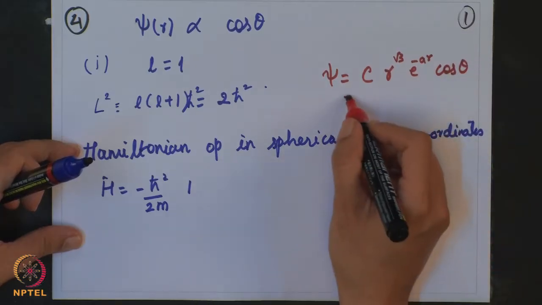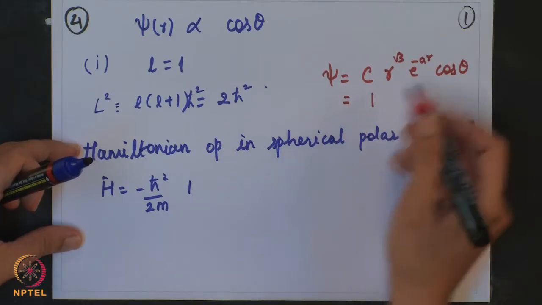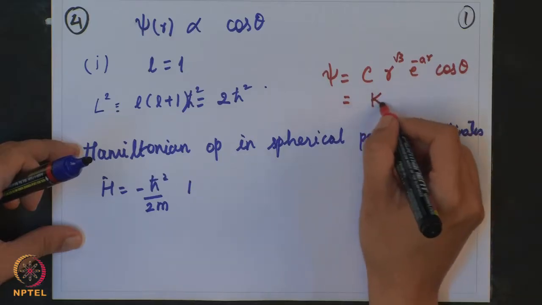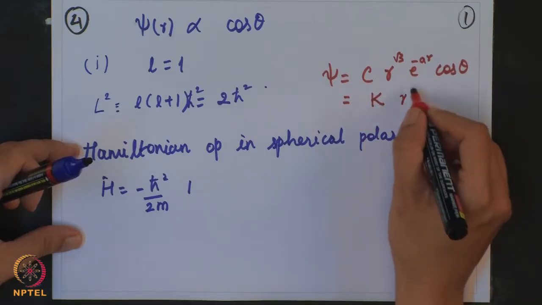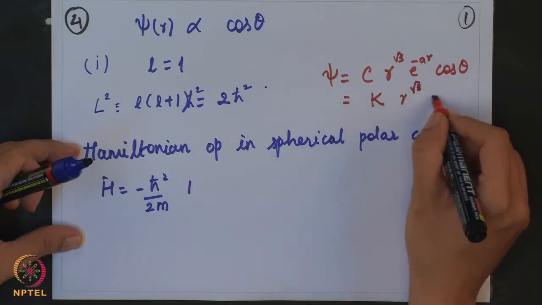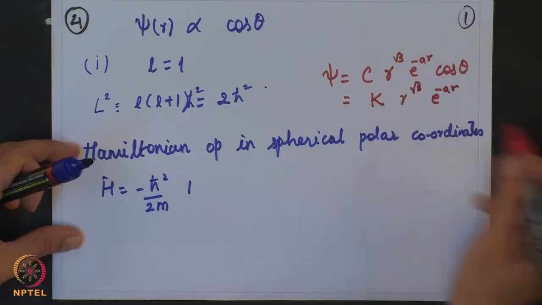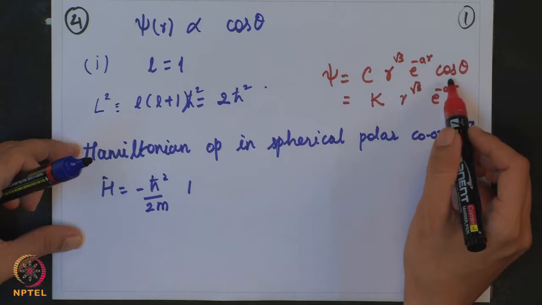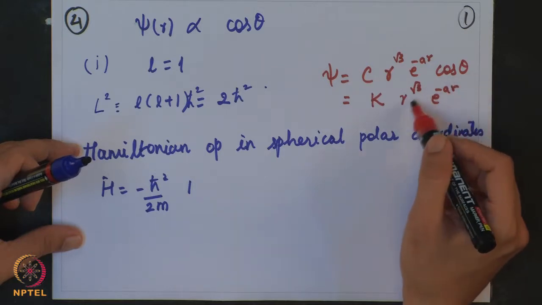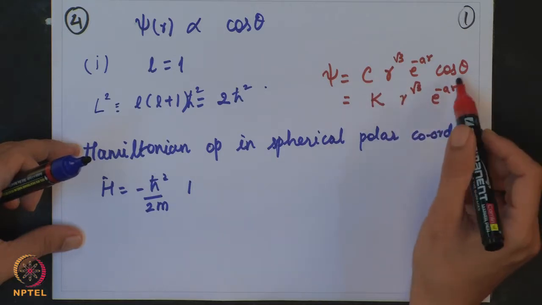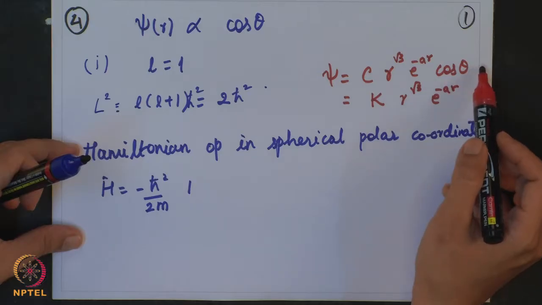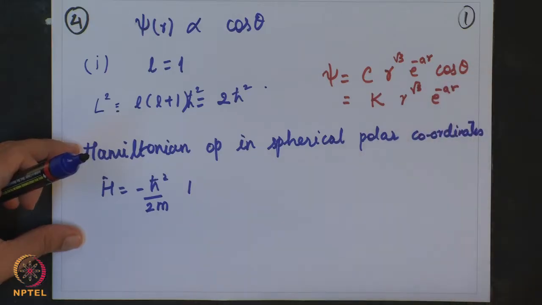I rewrite this as k r raised to root 3 e raised to minus ar, where k is c times cos theta. We are not going to operate on the theta and phi part, only the radial part is what we need to operate on.